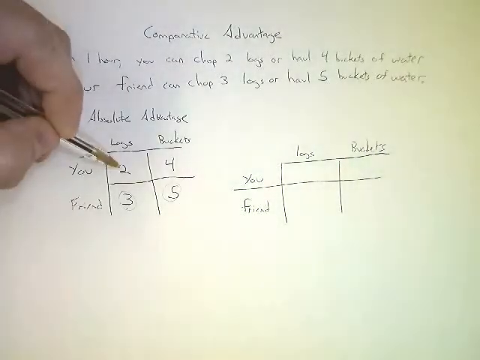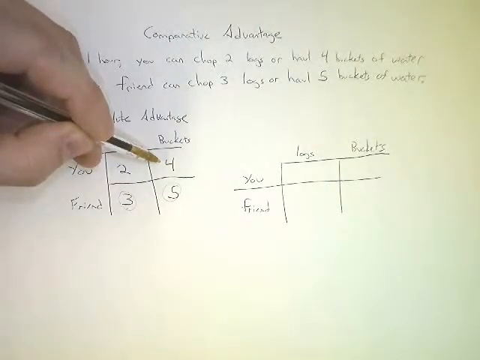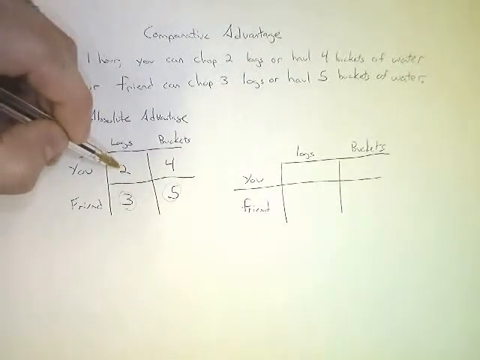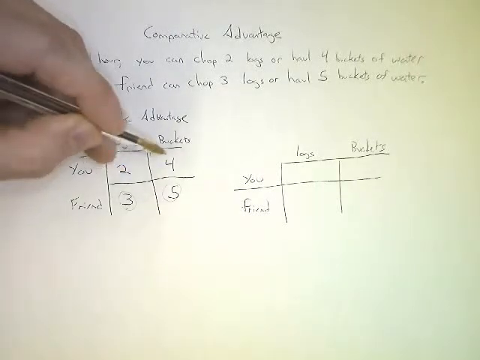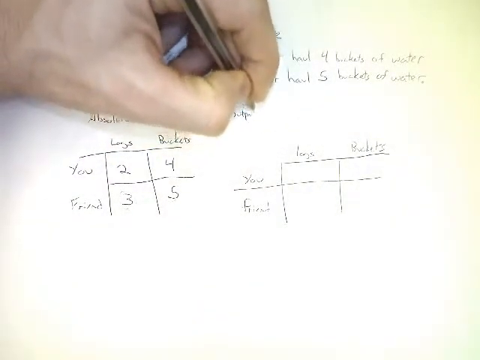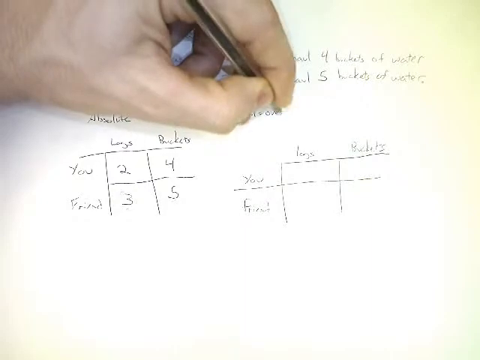Well, for you, 2 logs cost 4 buckets. 4 buckets would cost 2 logs. This allows us to use what we call the output method to solve these problems. Imagine yourself picking up a number and putting it over the number in the other box. So our rule of thumb here is output over.